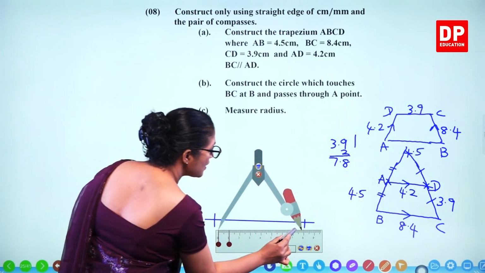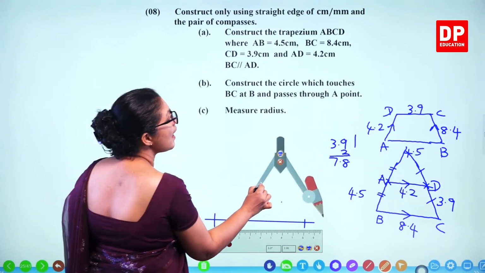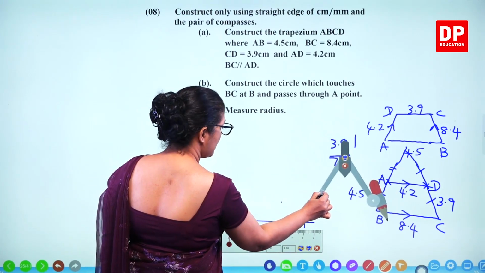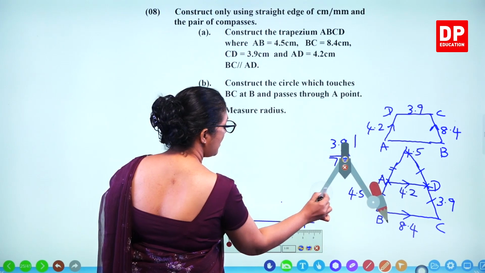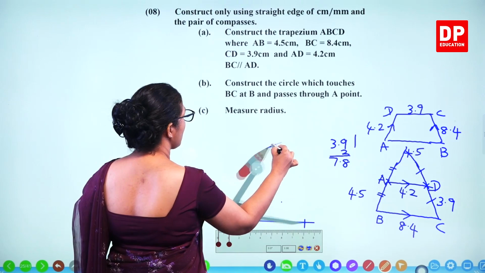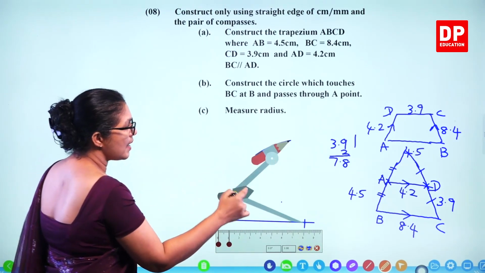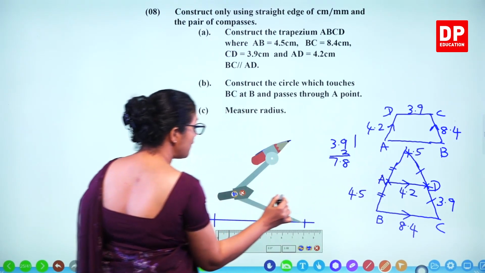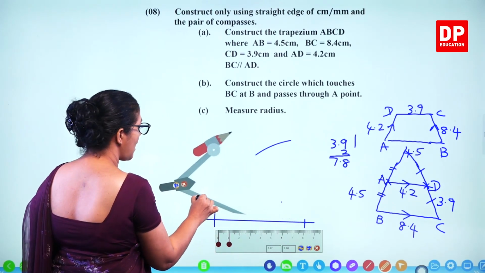We'll take 7.8 here, and first keep it here and mark that length. Then what is this side? 4.5, 4.5, 9. So you have to take 9.